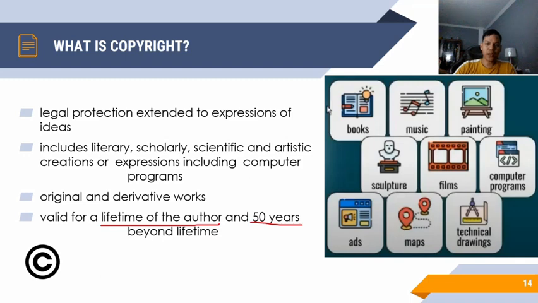Original works are works created directly and personally by a particular person or artist, while derivative works are based on the original work of someone, an imitation of others' work. A derivative work is one that is constructed largely of a pre-existing work, so you just enhance it.